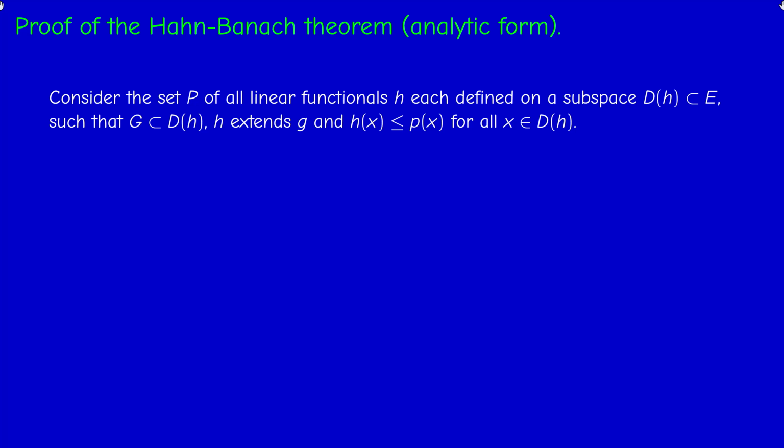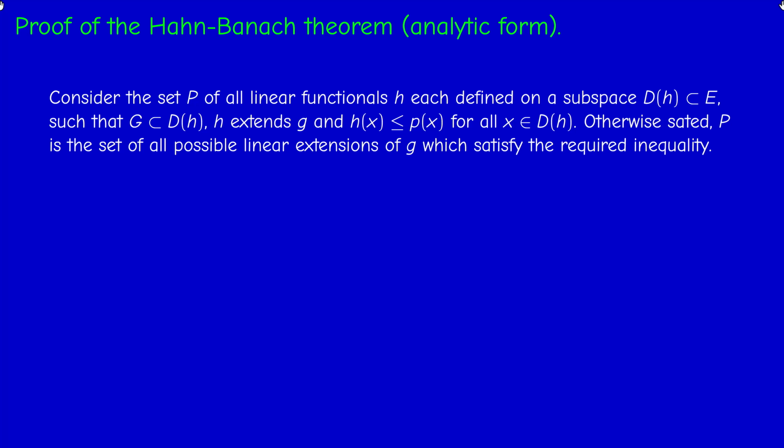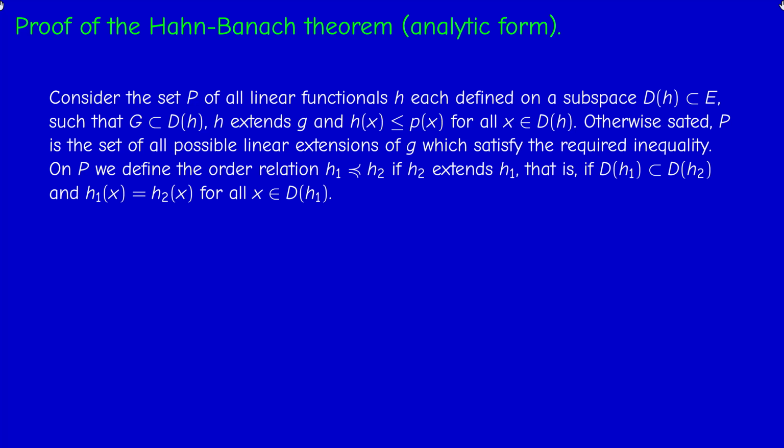Now, on this set of linear functionals, we put an order relation. We say that h1 is related to h2 if h2 extends h1, so the domain of h2 contains the domain of h1, and h2 coincides with h1 on their common domain, which is the domain of the smaller one.